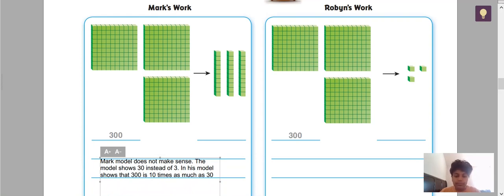Okay. Now let me tell you why Robin's work is correct. Well, Robin's model makes sense because her model shows that 300 is 100 times as much as 3. So it converts from 300 into 30 over here. And then Robin's work goes from 300 to 3. So Robin's model makes sense.